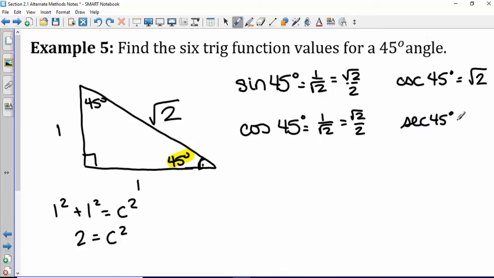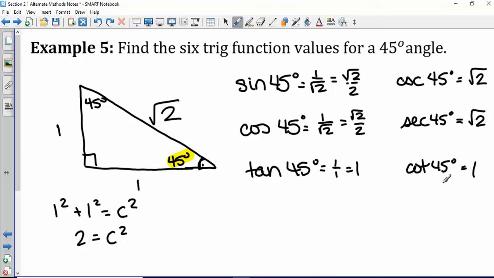And that means secant is also radical 2. What is the tangent? Opposite over adjacent, 1 over 1, which is 1. So cotangent is 1. Alright. You like the 45s?